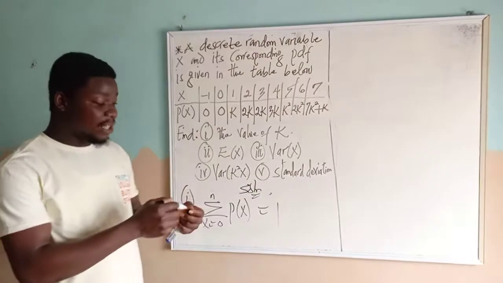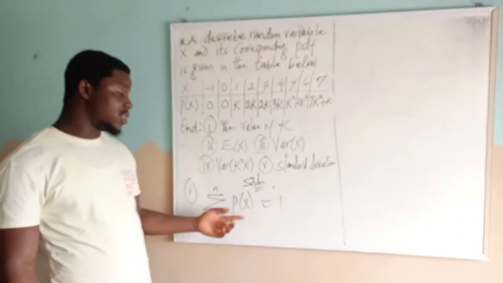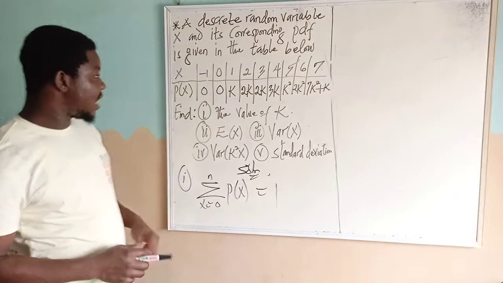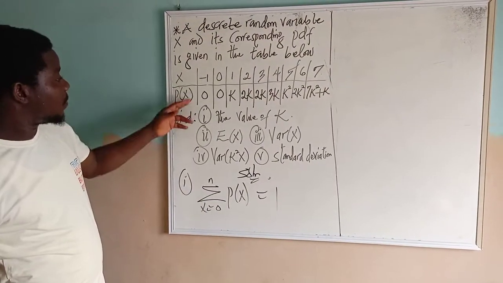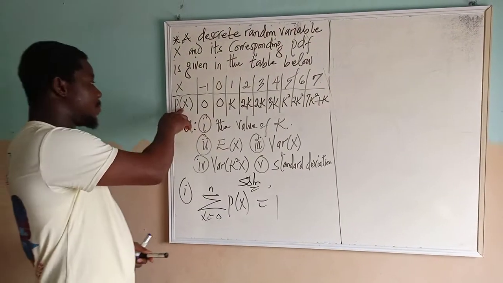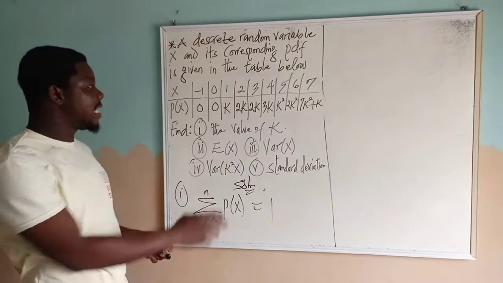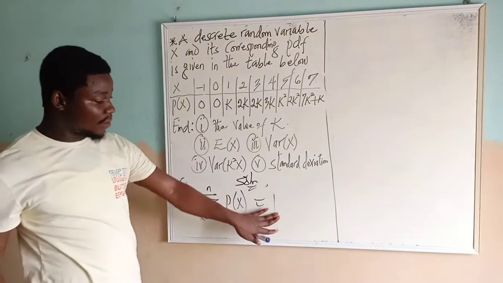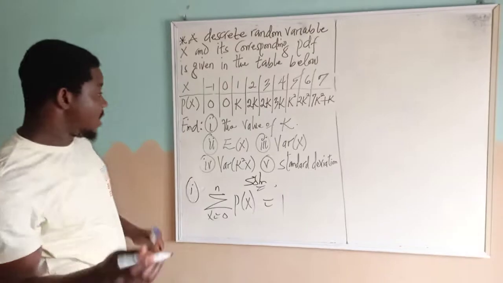It's telling you that the sum of all probabilities is always equal to 1, which means that from our table now, these are our probability values. When you add everything together here, you are going to have everything equal to 1. Let's do that now.